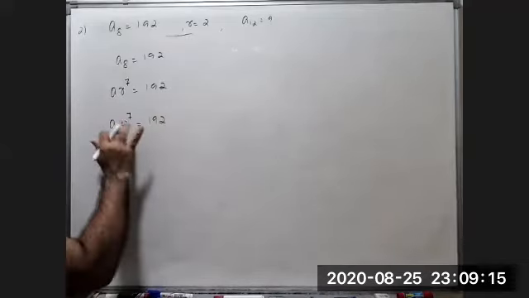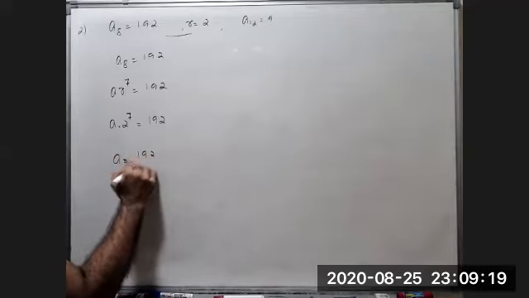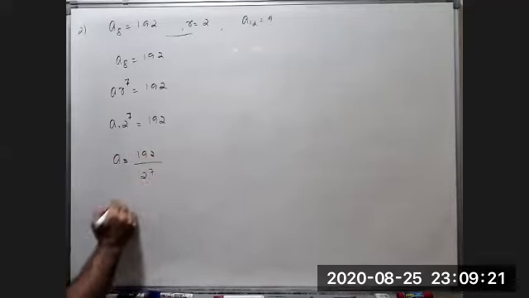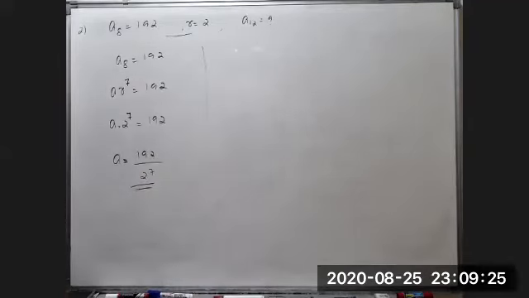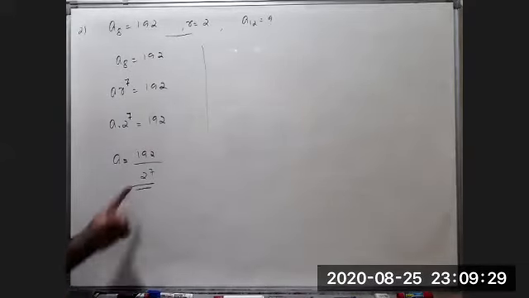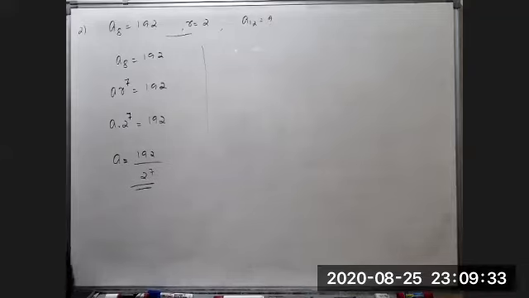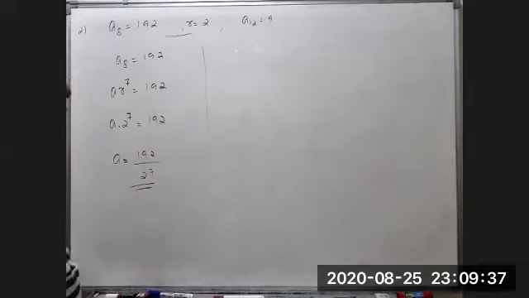Then A is 192 by 2 raised to 7. 2 raised to 7 is 128, and 192 by 128 is not a whole number, so leave it as it is.